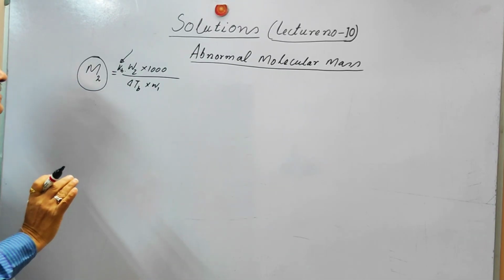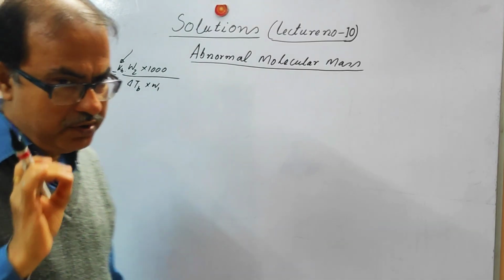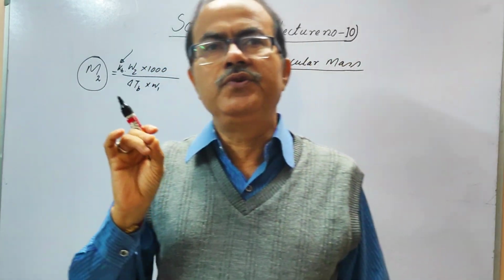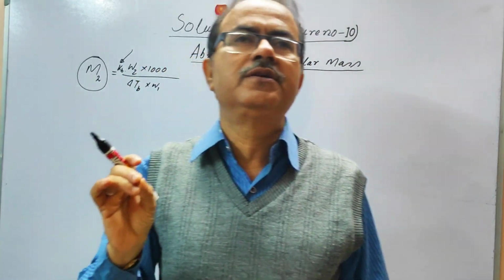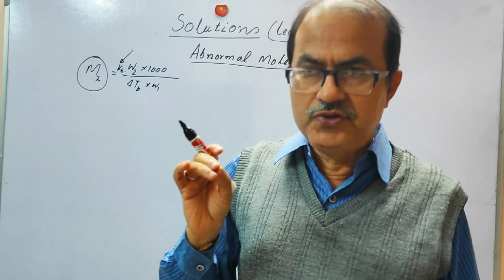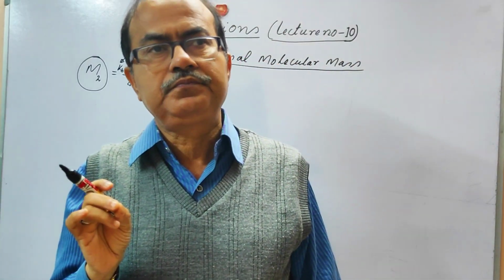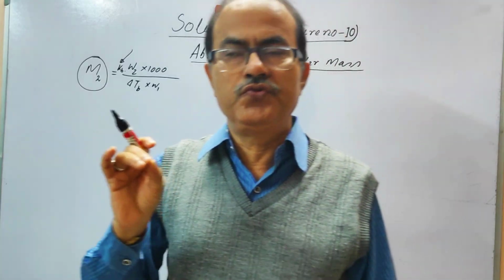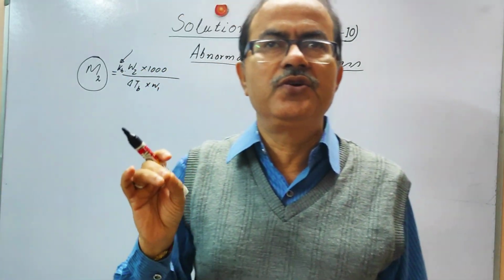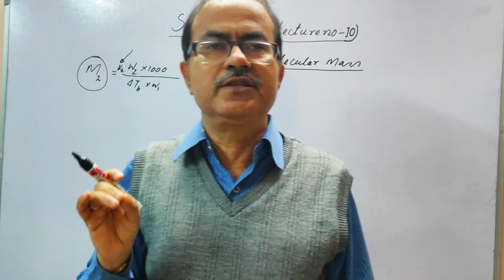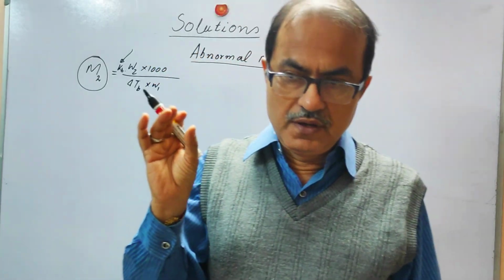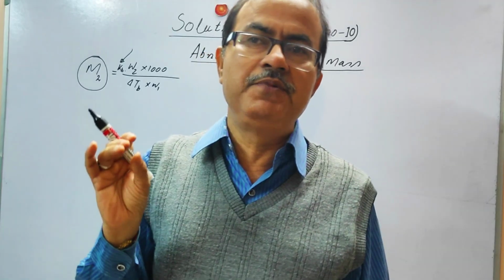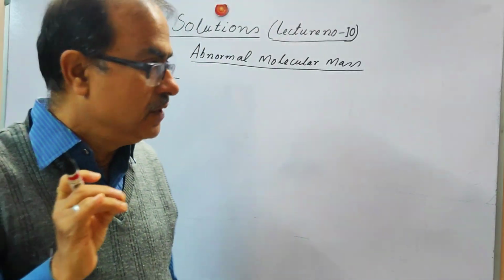But a problem arises for some solutes which dissociate, for example ionic solids, and for some organic solutes like ethanoic acid and benzoic acid, which associate in the presence of benzene.